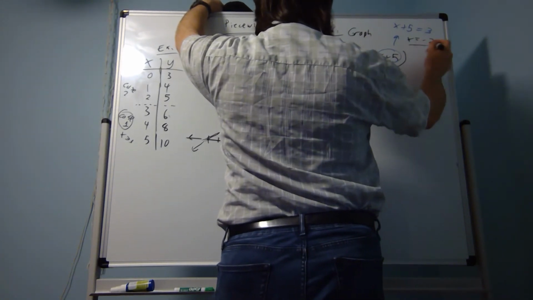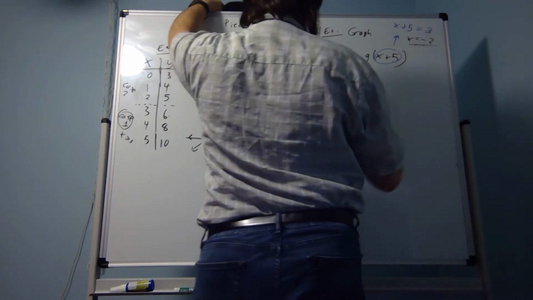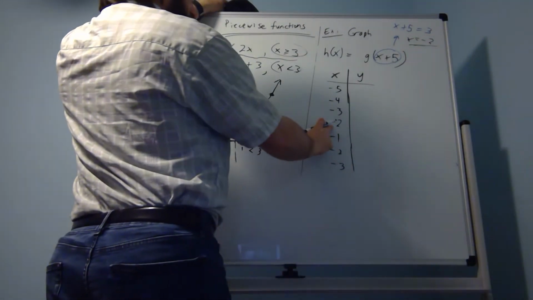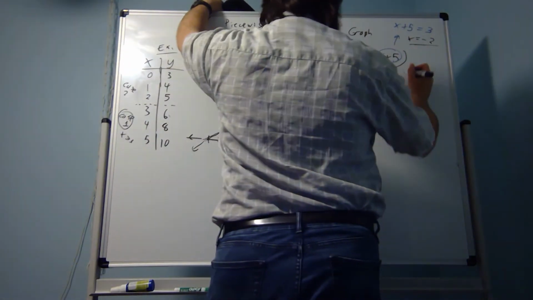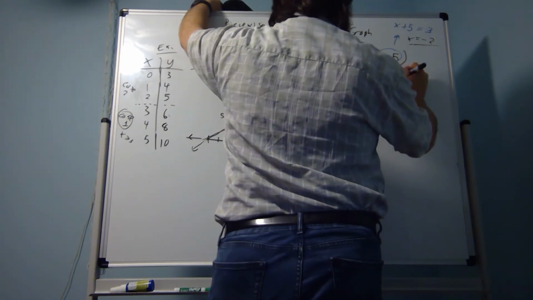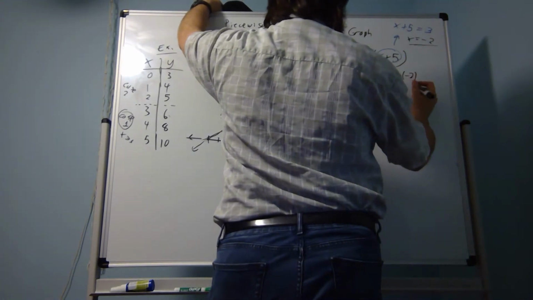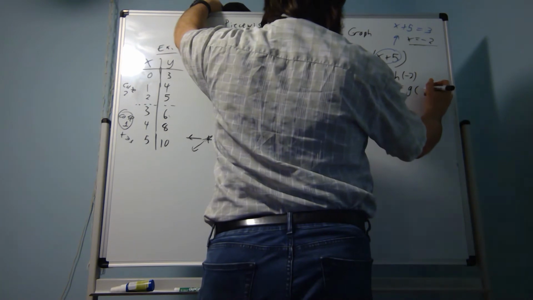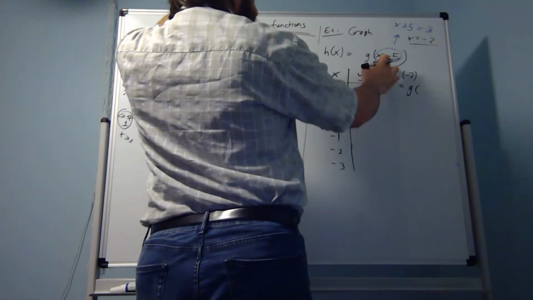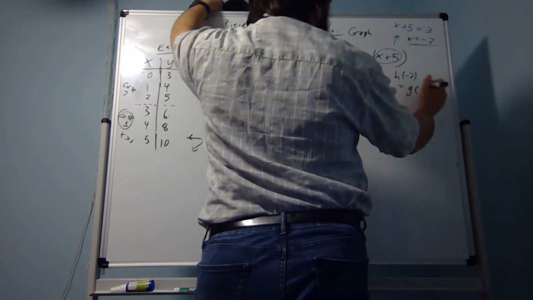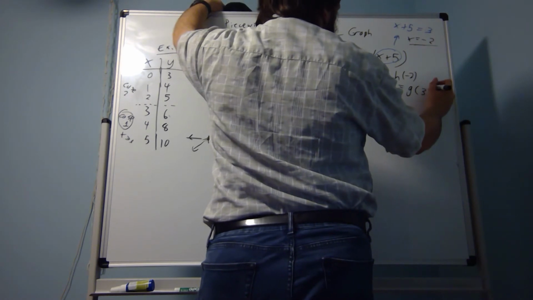-2. So h of -2 is equal to g of, you put a -2 in for x, but then you take this function g.